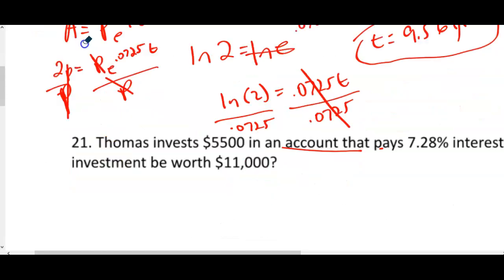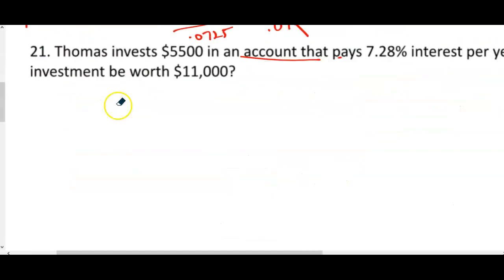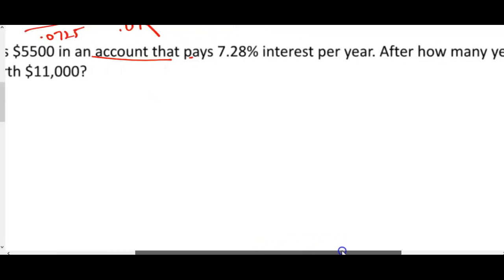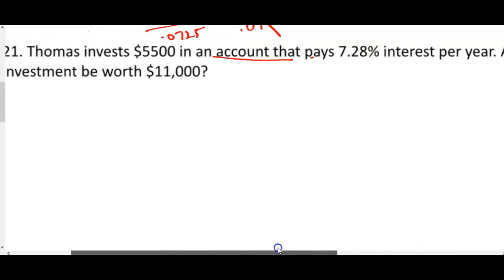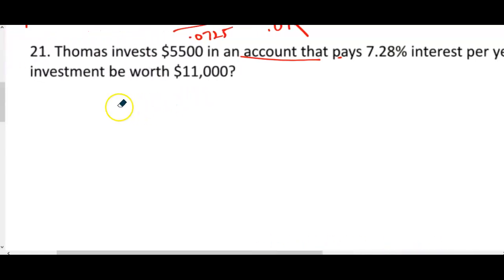All right. And then our last problem on the now, Thomas invests $5,500 into an account that pays 7.25% interest per year. After how many years will the account be worth $11,000? So we want the account to equal $11,000.